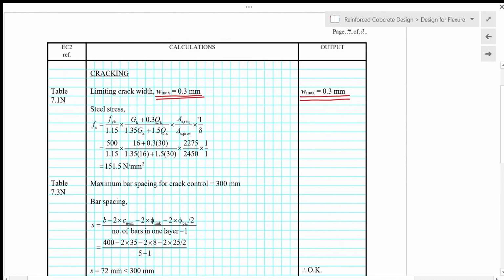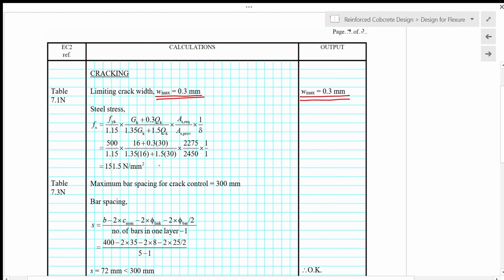And then for steel stress, we use the quasi-permanent load as mentioned before. So it's permanent action plus 30% of variable action. This is Fyk, which is the yield stress of the steel. And then at the bottom here we have 1.35 GK plus 1.5 QK. And then we have another term that we consider, which is AS required over AS provided.